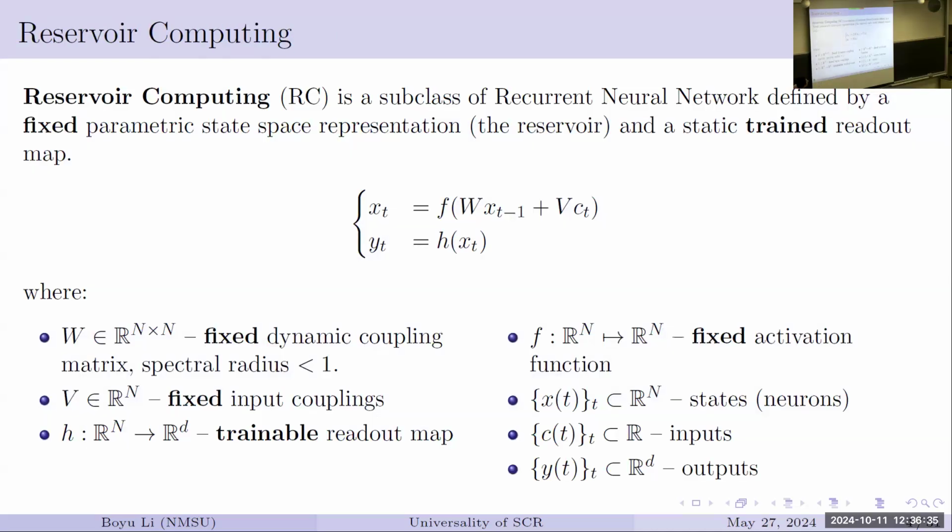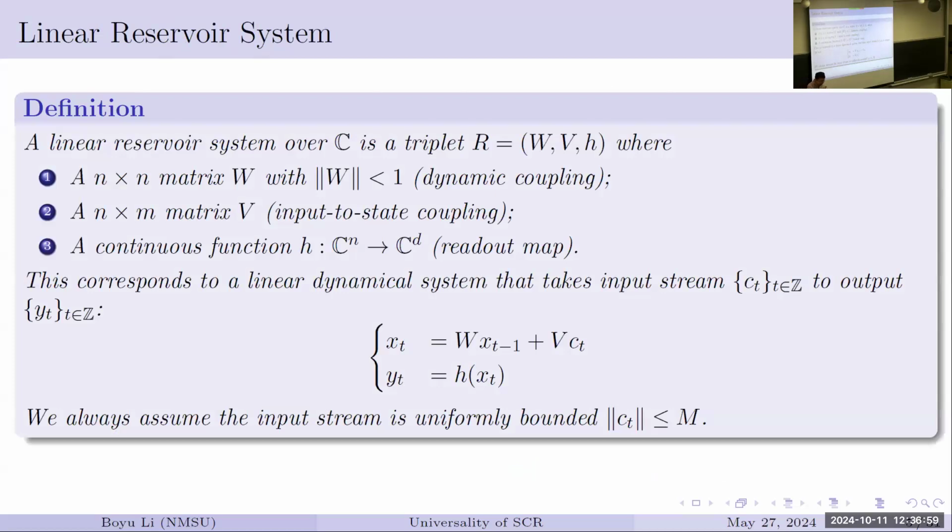In the previous step we have a nonlinear function F that updates my memory. In the linear reservoir system, you don't have that nonlinear function F. This function is gone. Okay, so your dynamic from the input to your memory is essentially just a linear system. It's a linear dynamical system.